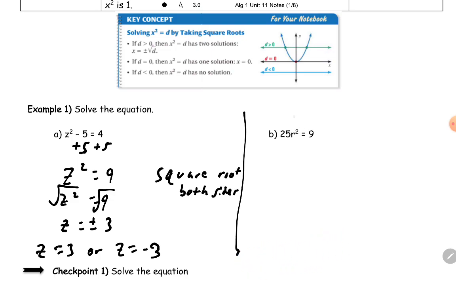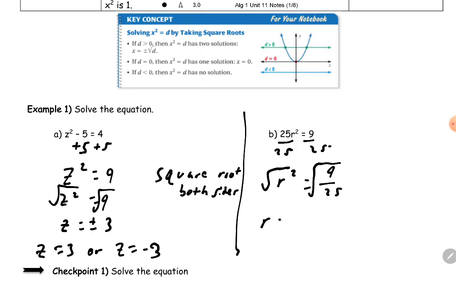And just like if we had a number multiplied to a variable, we would divide that variable. And so I have r squared equals 9 over 25. That can't be reduced, so I'm still going to square root both sides.